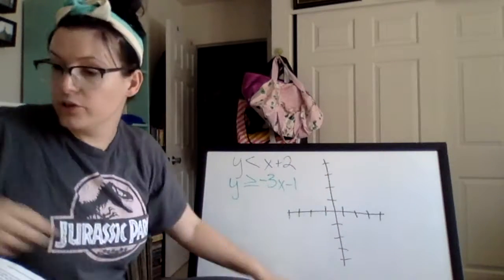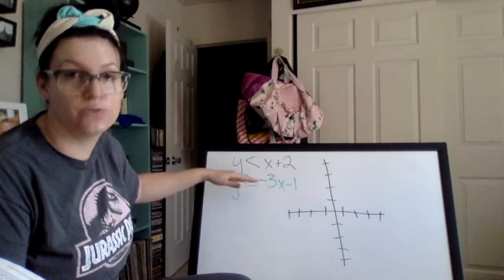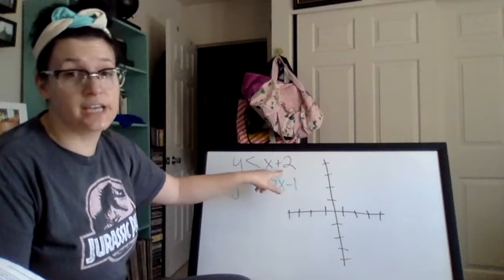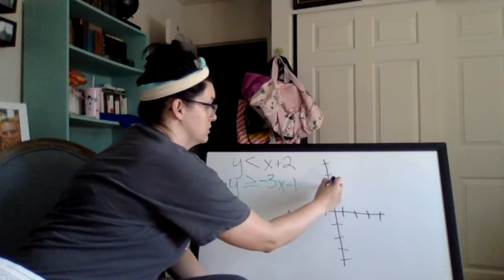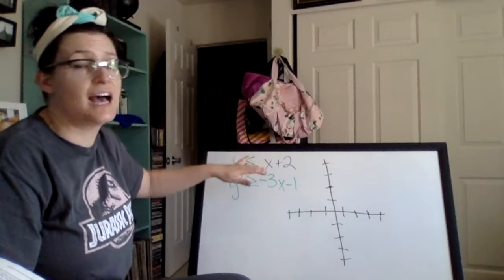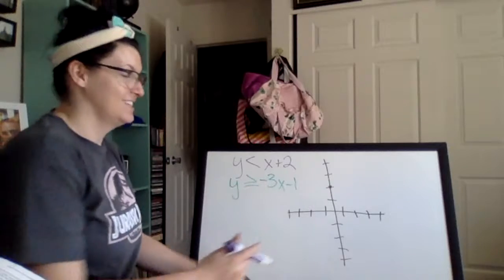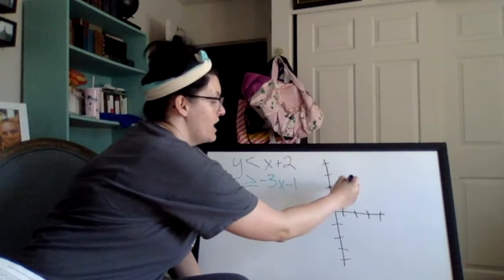So to graph our first one, y is less than x plus 2. Our y-intercept is 2. And because there's no coefficient in front of the x, that means that the slope is 1. So, over 1 and up 1.